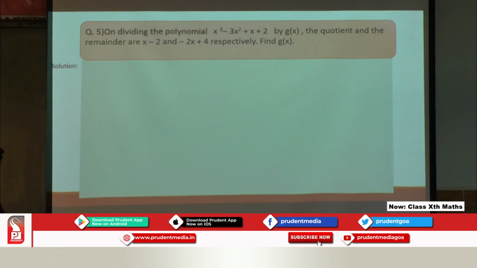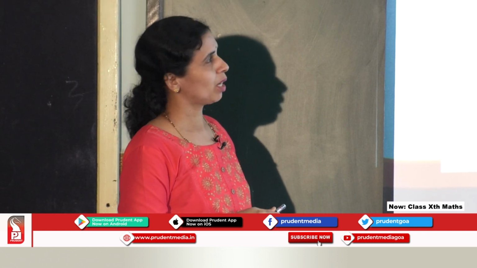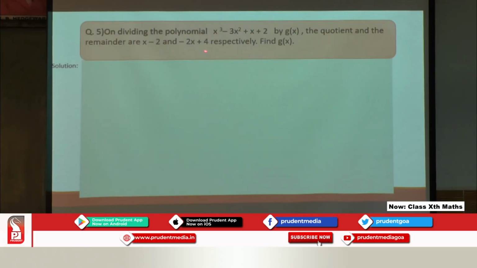Now it is on dividing the polynomial x cube minus 3x square plus x plus 2 by g of x, the quotient and the remainder are x minus 2 and minus 2x plus 4 respectively. Find g of x. This is another type of question. Now here, in this question you should find out g of x.